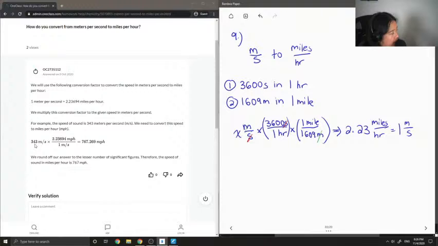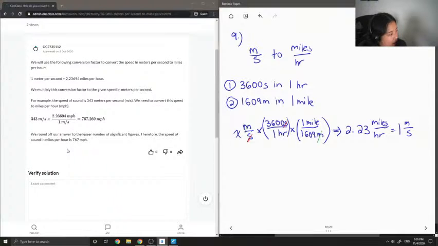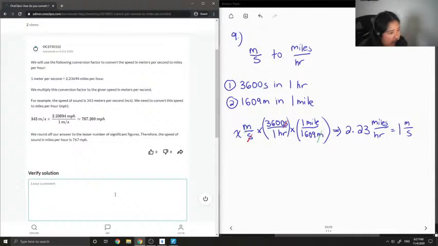They have 343 meters per second, and then they multiply it by this conversion factor of 2.23 miles per hour per 1 meter per second, and you get 767.269 miles per hour. Therefore, the speed of sound in miles per hour is 767. Yep, so this is correct.